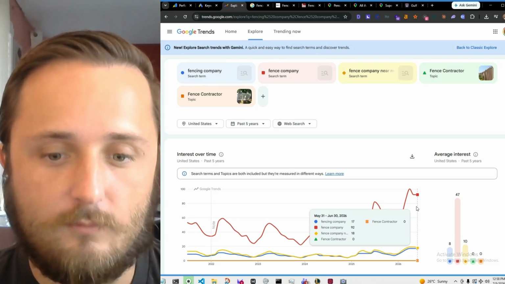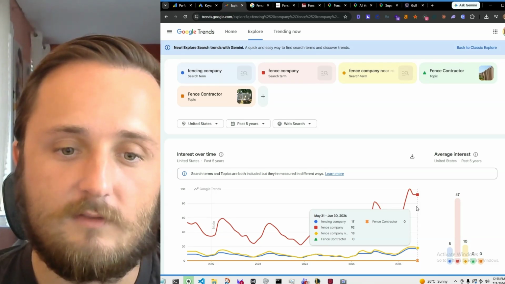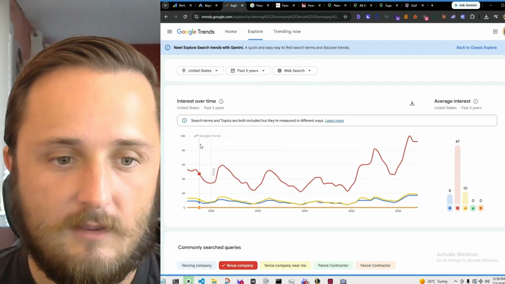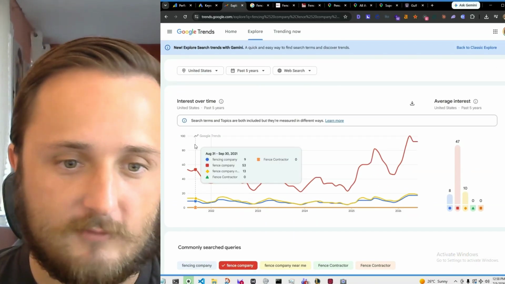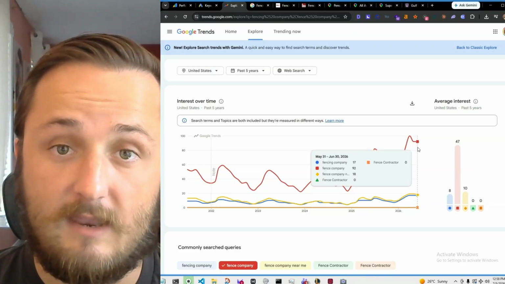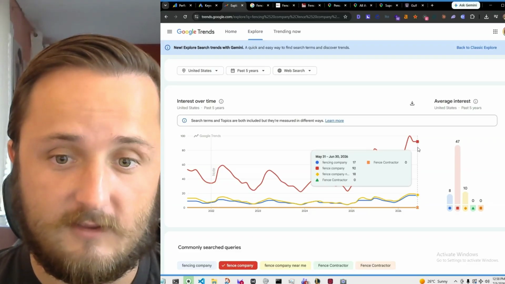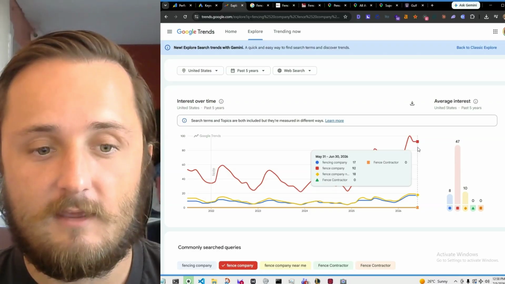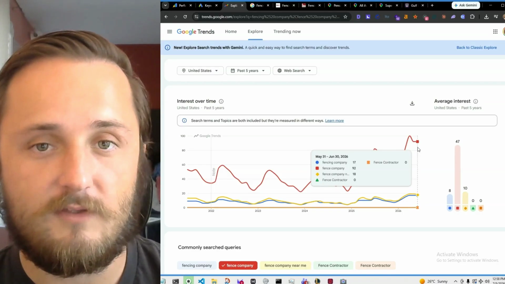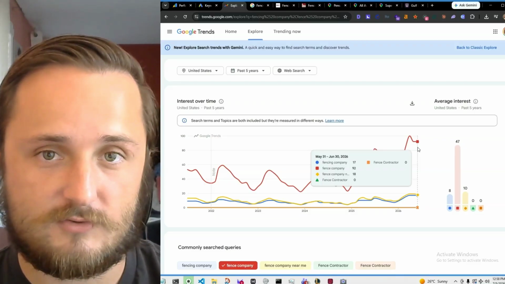So when we look at the Google Trends data, like right here in this graph, we're seeing all these lines, we're seeing all these numbers, right? One thing you need to keep top of mind in Google Trends specifically is this data it's showing you is in relation to the amount of times it's searched.